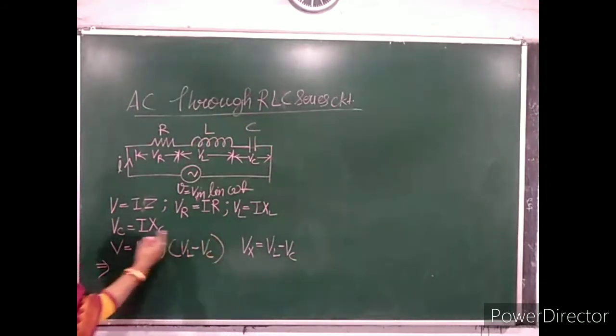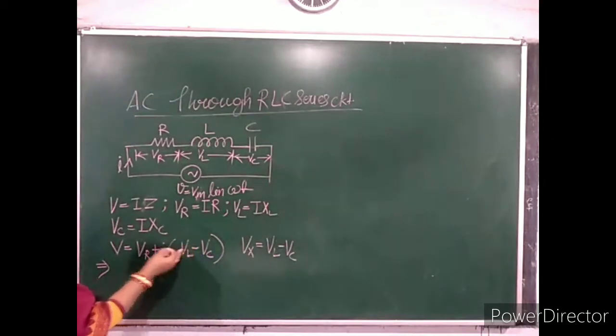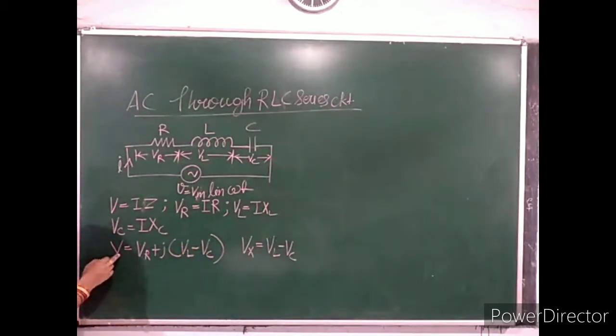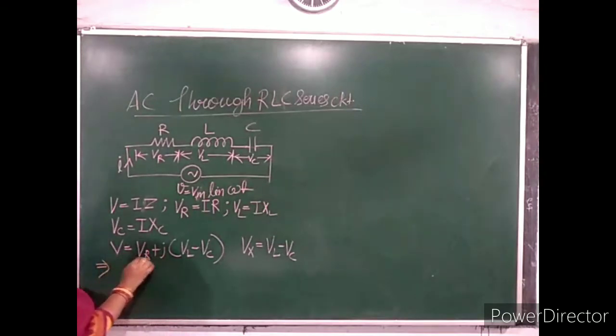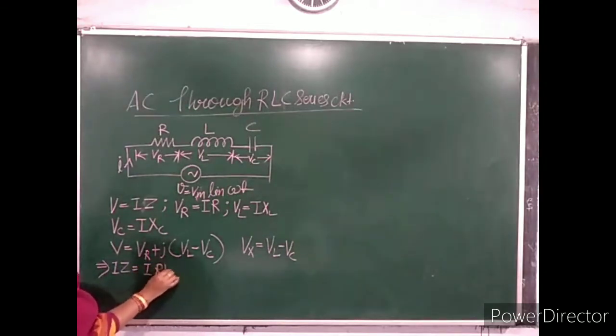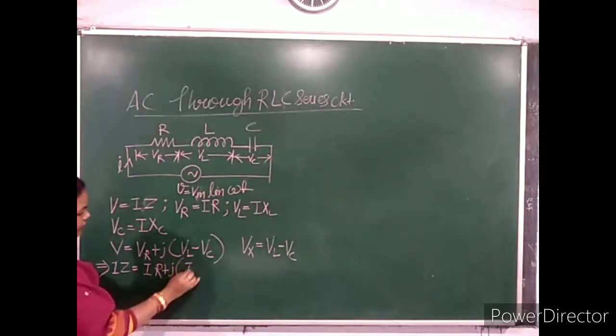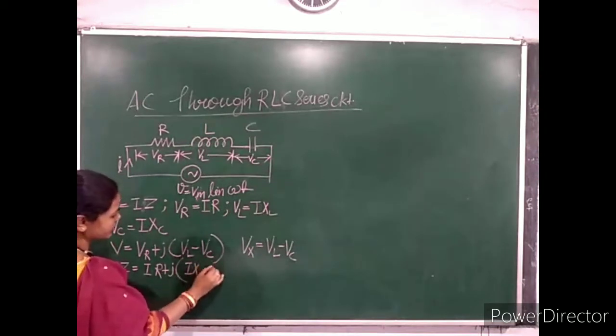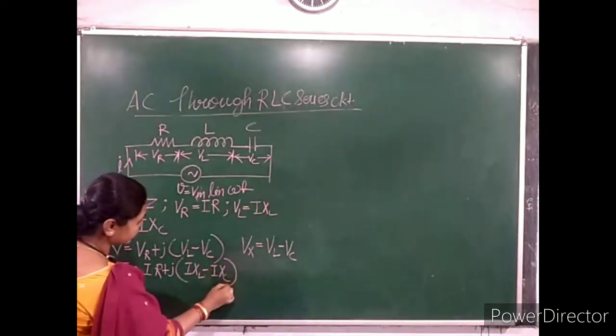This equation, whatever equation I write here for the supply voltage, is in the complex form. You may write it in magnitude form also. So I put the value of all voltages here. It is I into Z, here is I into R plus j, it is I into XL, this one is I into XC.